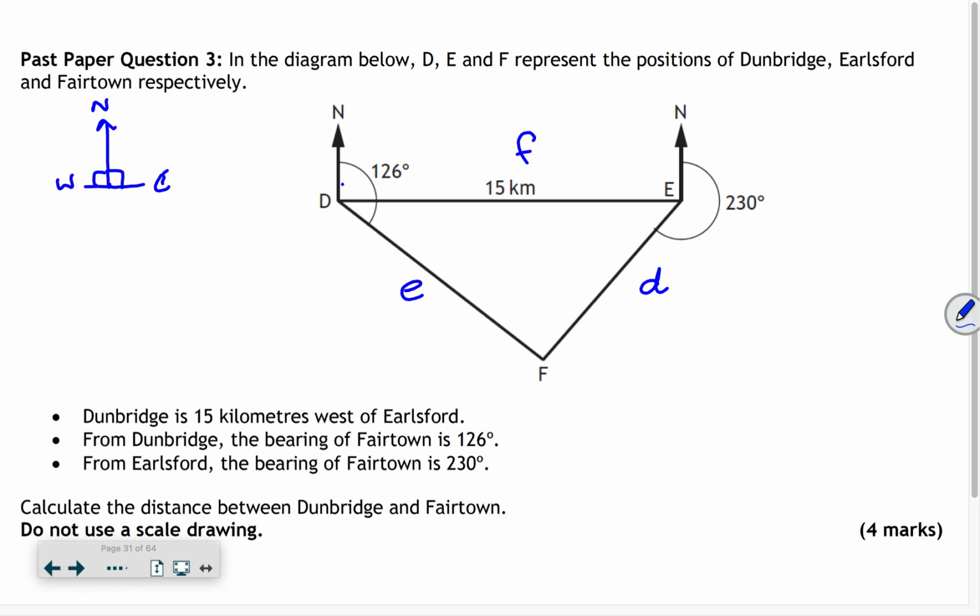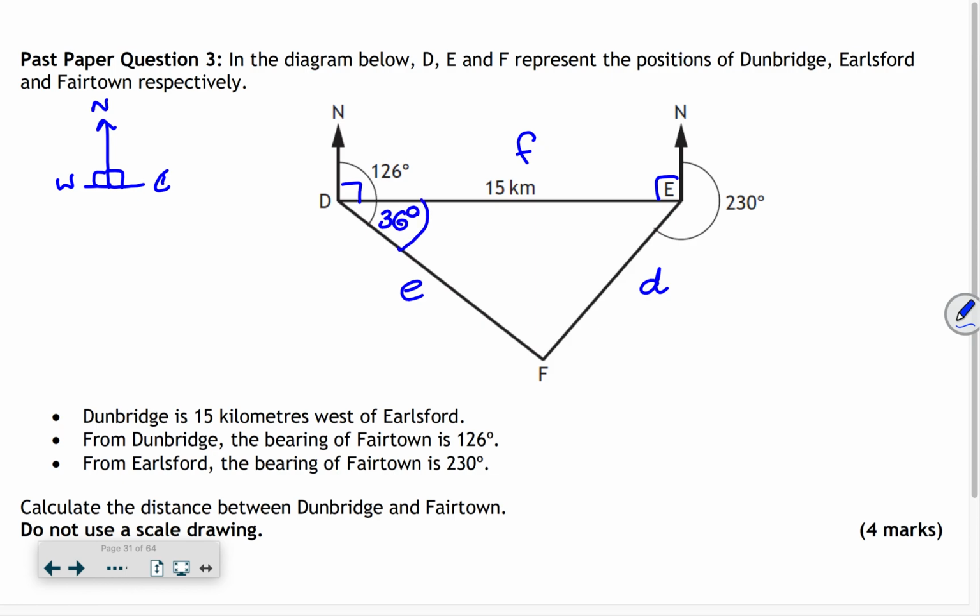So this angle here is 90, and this angle here is also 90. So if the first angle for Dunbridge is 126 degrees, and this is 90, then the rest of the angle is going to be 36 degrees.